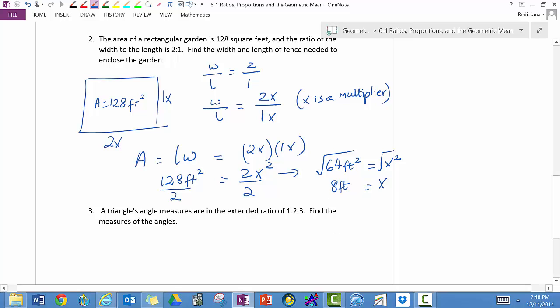The width is 8 feet, so we would say width of rectangle equals 8 feet. Length of rectangle is 8 times 2, it's 16 feet. Do a quick mental check. 16 times 8 is 128 square feet, so I have a check on that.